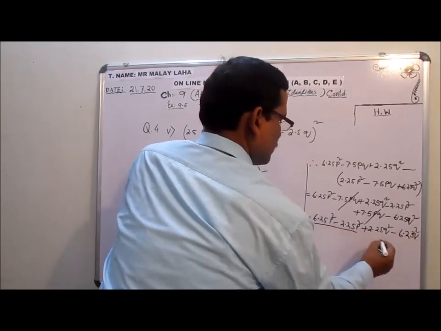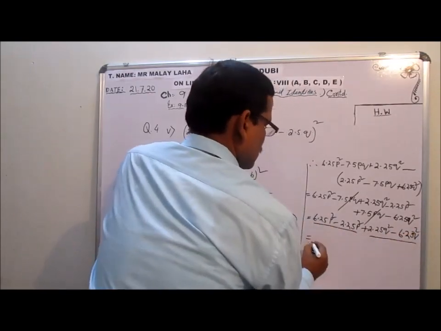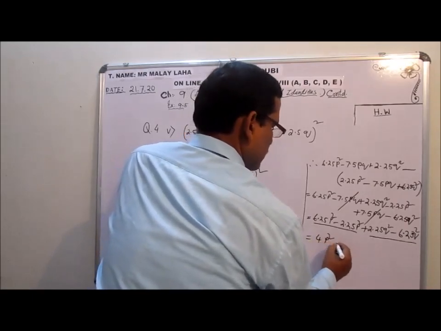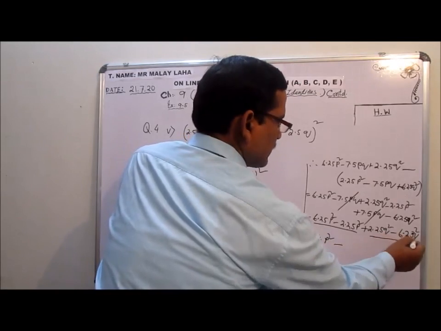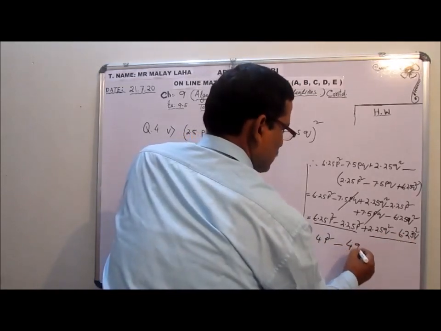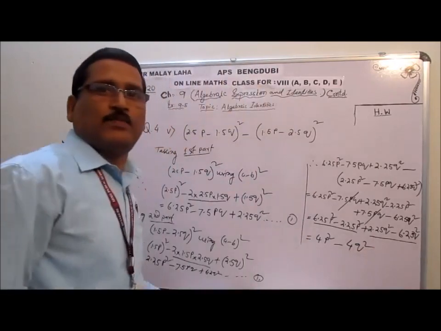What is the result of this? If I subtract, it will be 4 p square minus 4 q square. Up to this much.